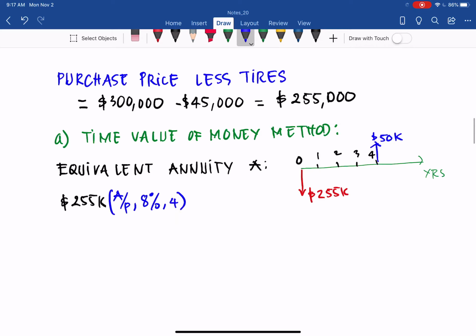And then we minus the 50,000, because that's what we receive, times the factor for something in the future with the annual amount. Here we want the equivalent amount every year. So we have the factor given F, A over F, 8% and 4.